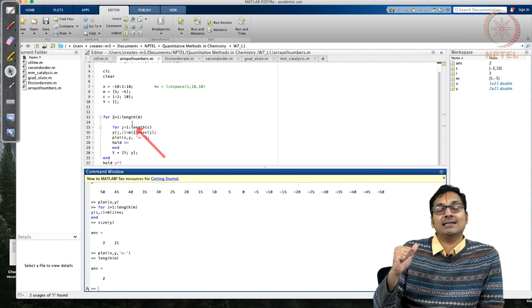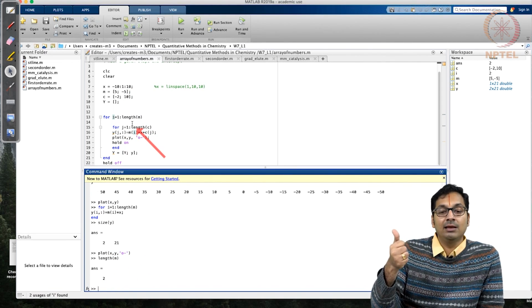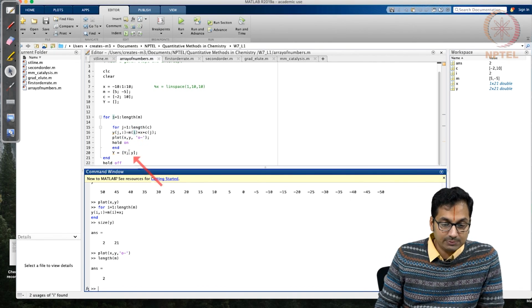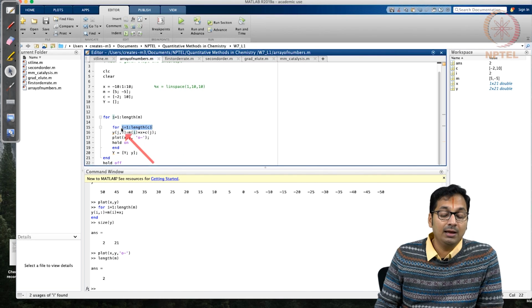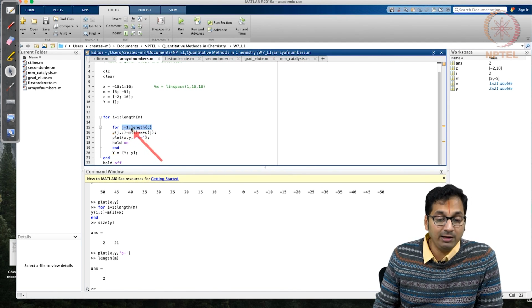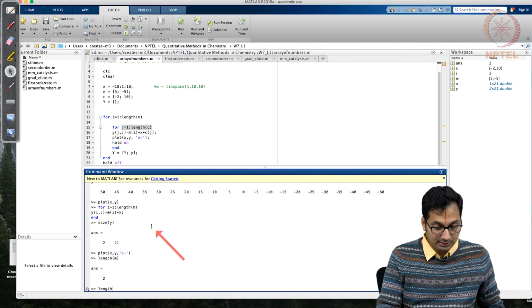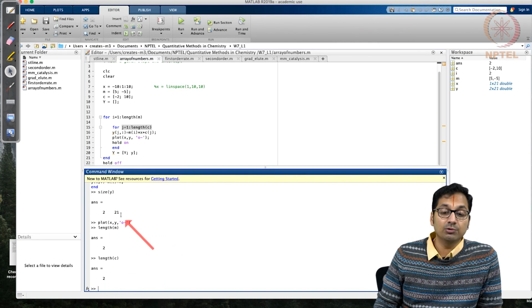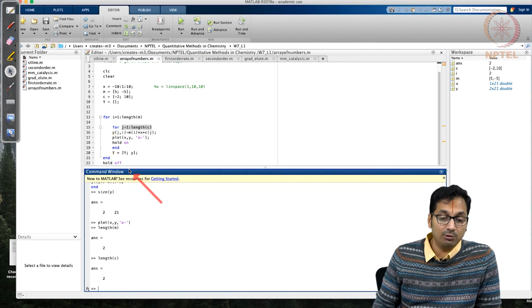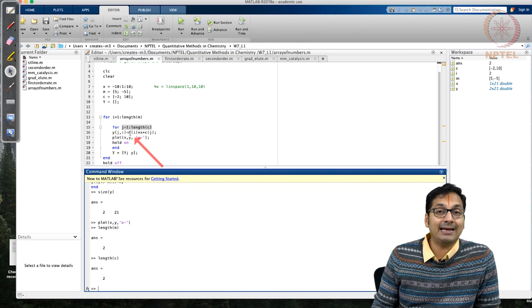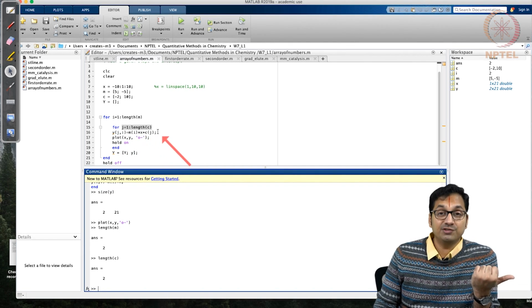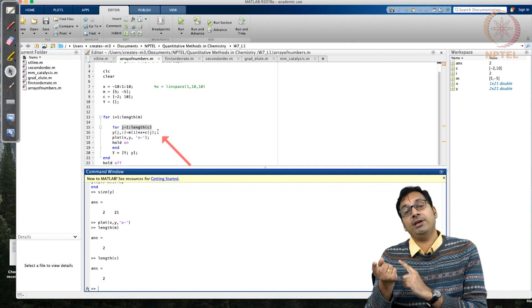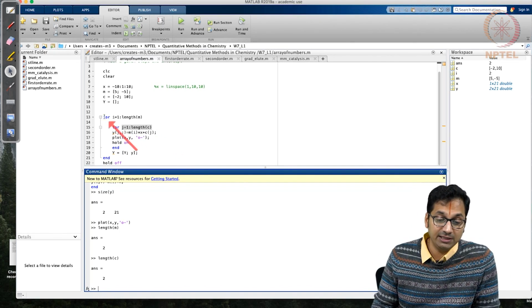What it does is that it sets I value as 1 to start with, and then goes into this portion of the code where it once again asks for the variable j, and to start with j is also set to 1, and it asks what is the length of c. Length of c is also 2, so it starts with I equal to 1, j equal to 1. Then it goes here and calculates for that given value of m, which is m of I, and c of j. So it can do every combination of m and every combination of c in this code.